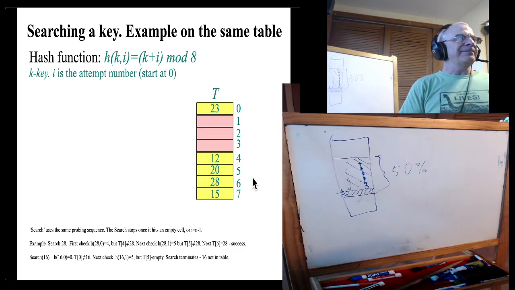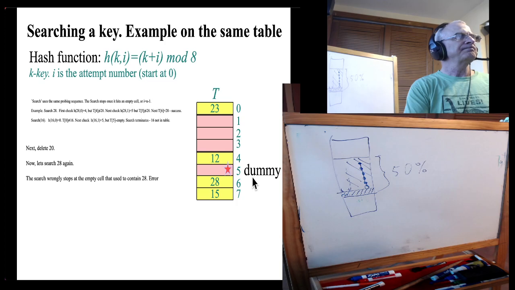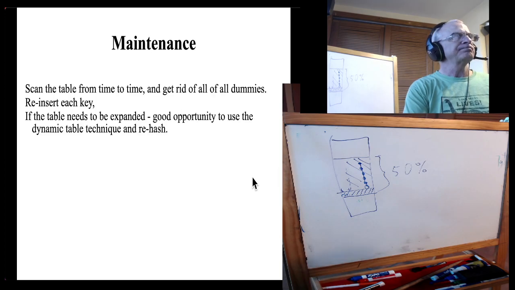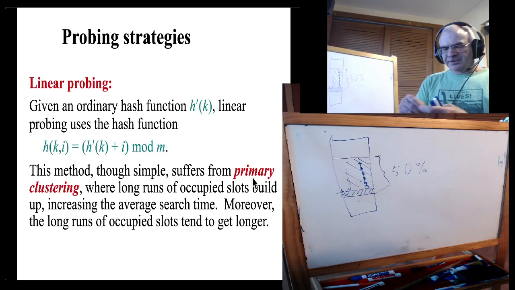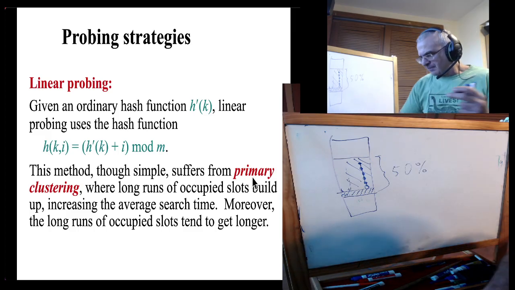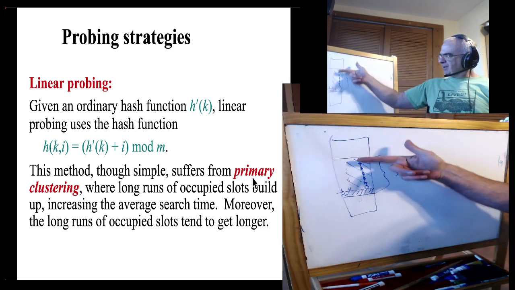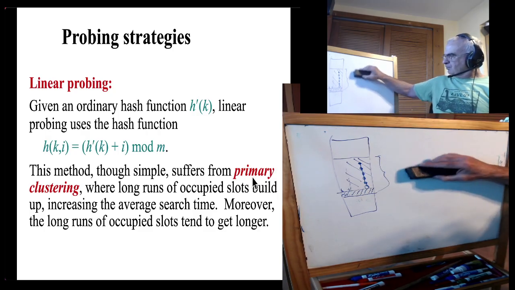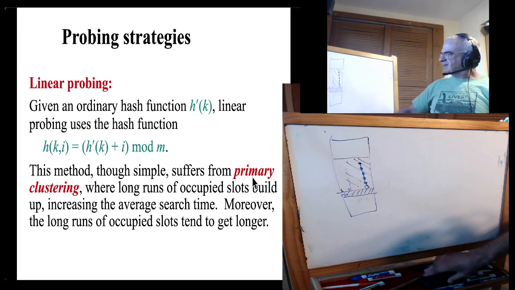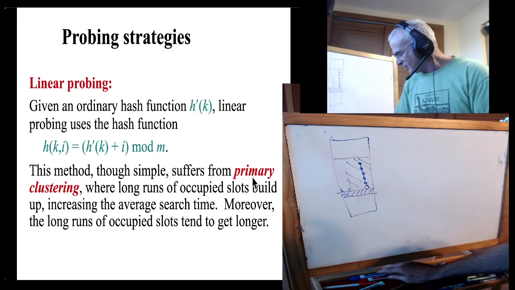How can I avoid this problem, the problem of creating big clusters? Of course, if I have fewer keys, then the chances that I hit an occupied cell in my first attempt would be smaller, but with the same number of keys, I still have the same chance of collision.